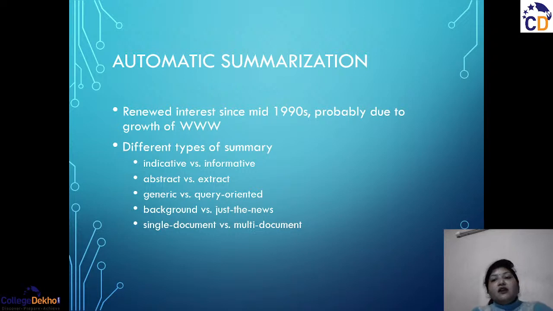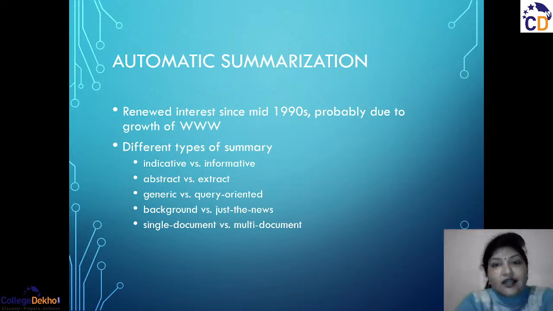It may be abstract based, it may be extract based. That depends on which type of summary you need. So there are different types of summaries: if you have data sets related to numeric values, indicative versus informative, abstract based, extract based, generic based, query based, background based, just the news, single document based, multiple documents.